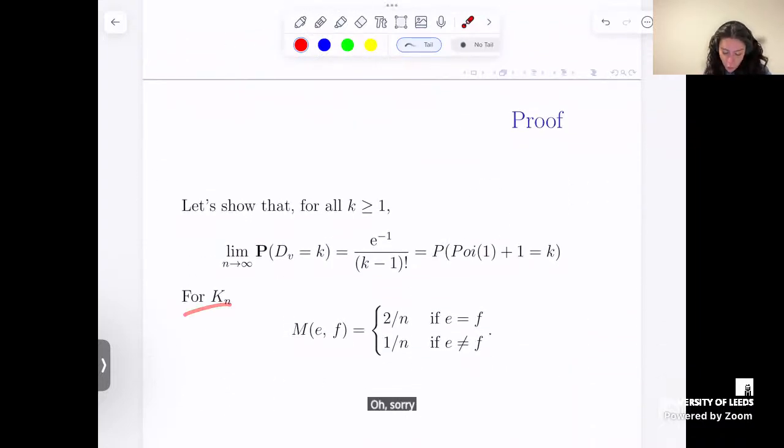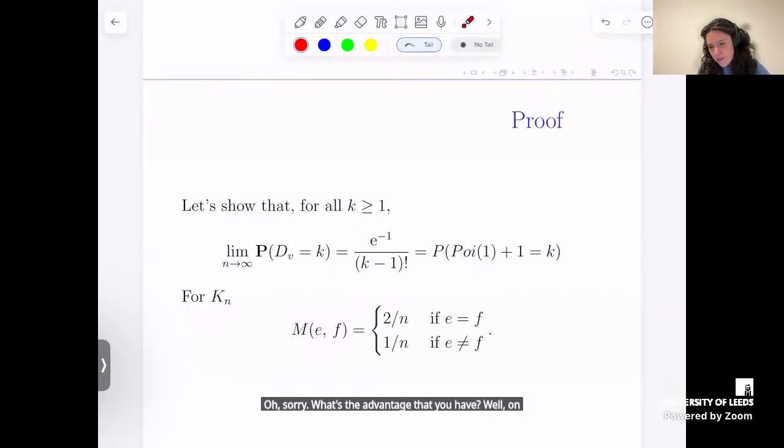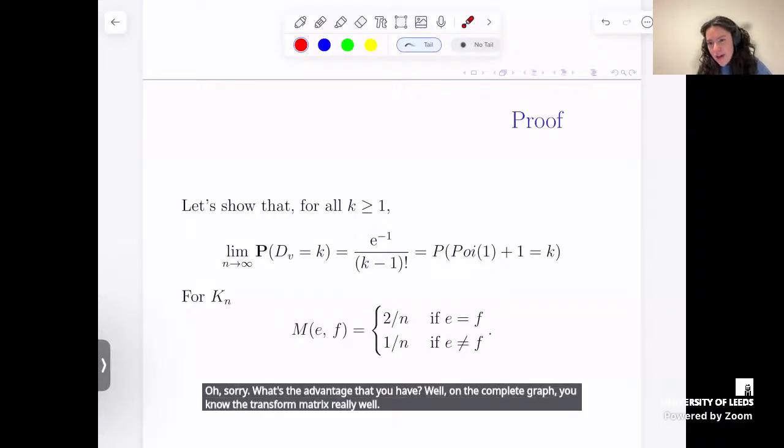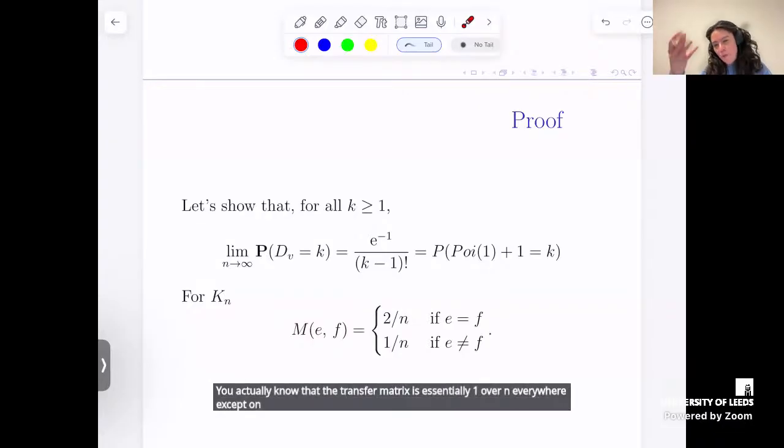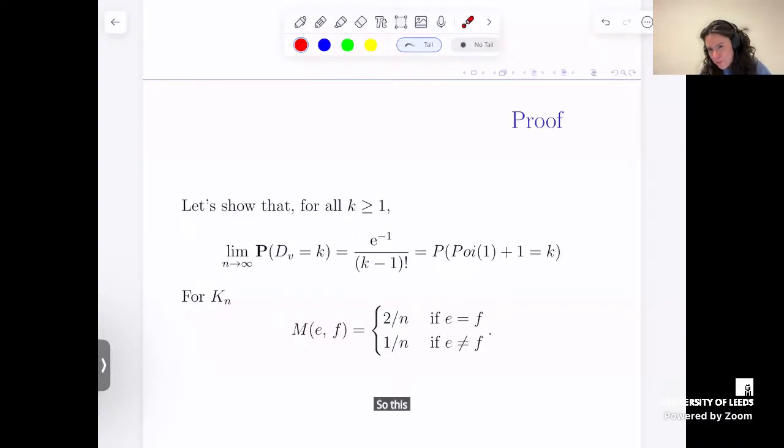So what's the advantage that you have? Well, on the complete graph, you know the transfer matrix really well. You actually know that the transfer matrix is essentially 1 over n everywhere except on the diagonal, where it's equal to 2 over n. So this allows you to make computations much easier.